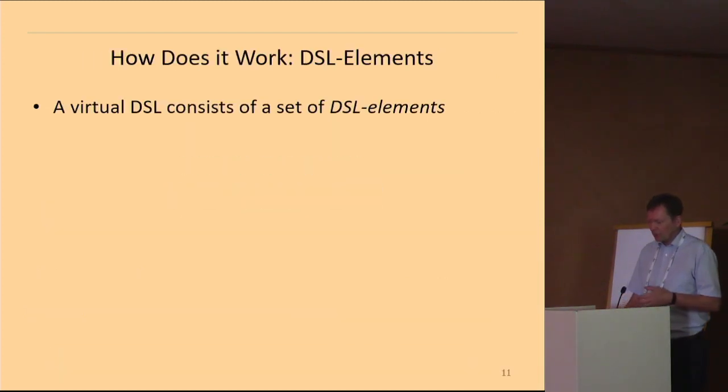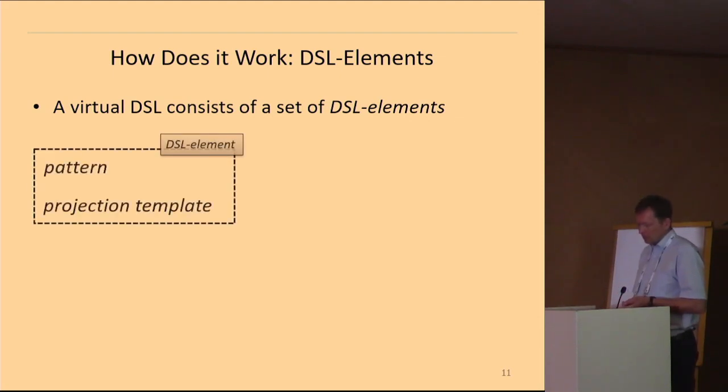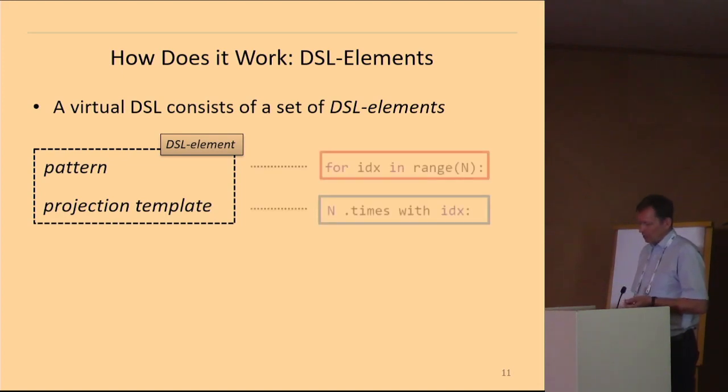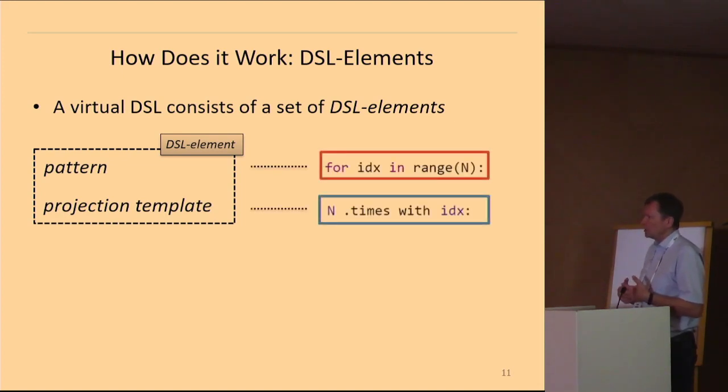Essentially, the representation in the hybrid editor uses a collection of DSL elements, and DSL elements consist of a pattern and a projection template. The pattern essentially is a matcher for a specific part of an abstract syntax tree in the original source code.